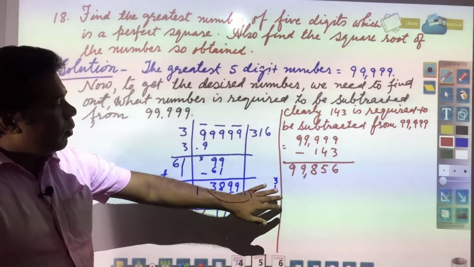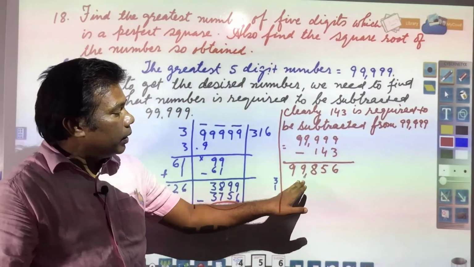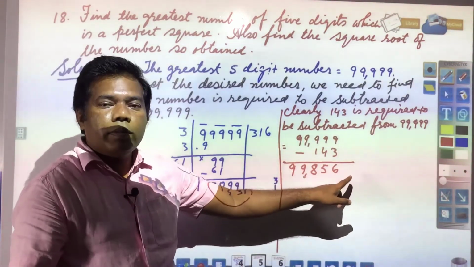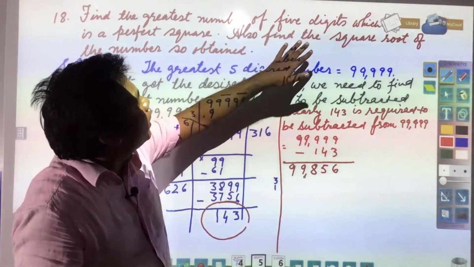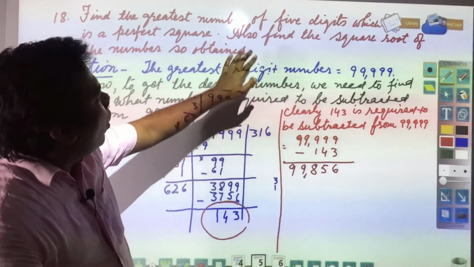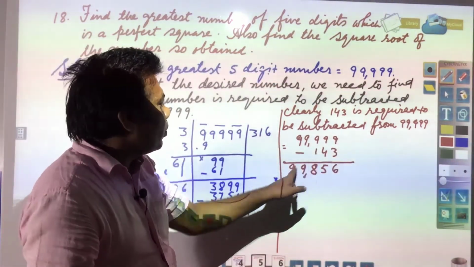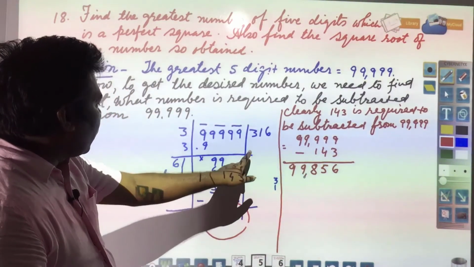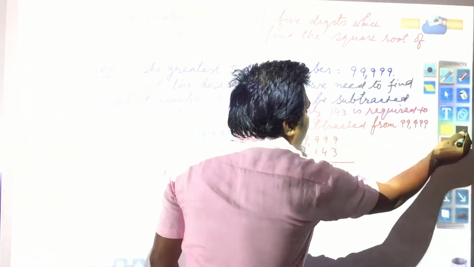So new number, what is the perfect square of 5 digit? The greatest 5 digit number which is a perfect square is 99,856. So, here you got the answer. Find the greatest number of 5 digits which is a perfect square. Also find the square root of the number so obtained. So, square root of this number already you have got. Square root of this number will be 316.